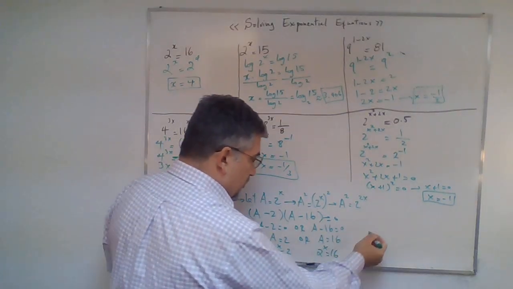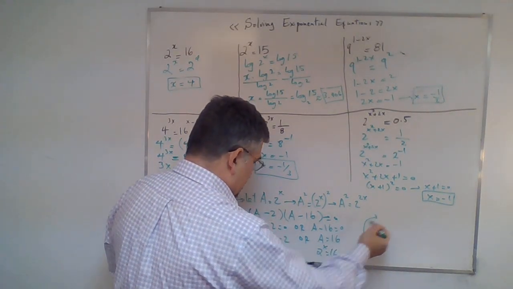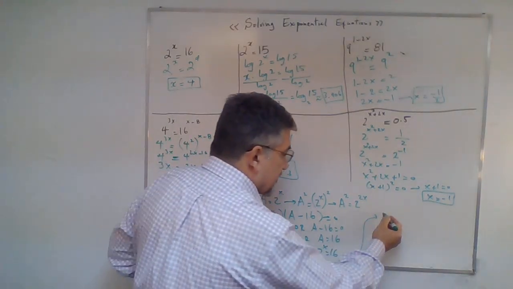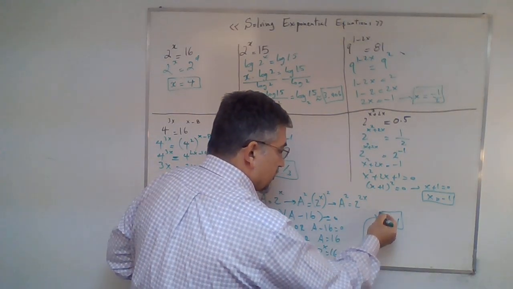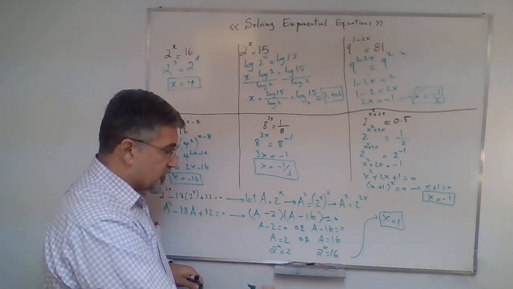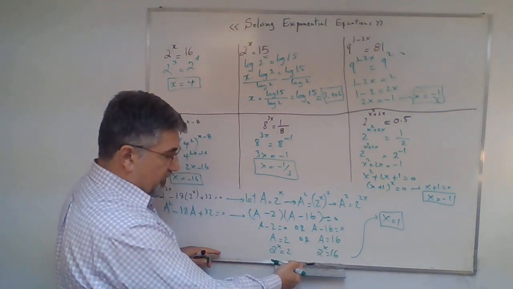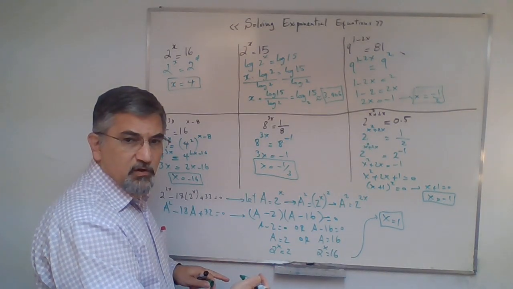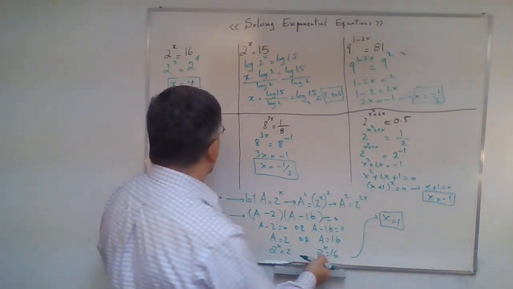From the first one, 2 to the exponent of x equals 2 to the exponent of 1. So obviously, x is equal to 1, right? Because 2 to the exponent of 1 equals 2. And on the other side, 16 is actually 2 to the exponent of 4, right?